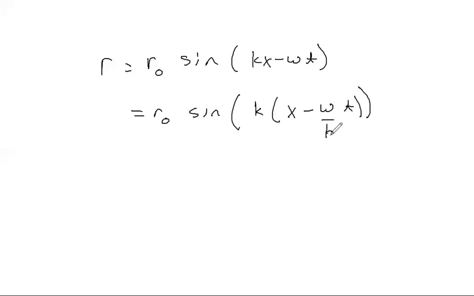I'm just factoring out the wave number k, and using the relationship to the speed, I find that sure enough, for just the right values of k and omega, or lambda and f, I can write this as a function of x minus vt.